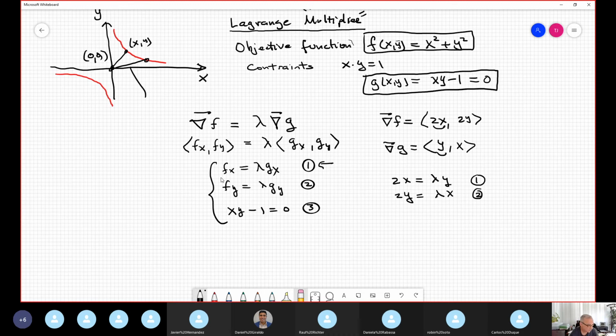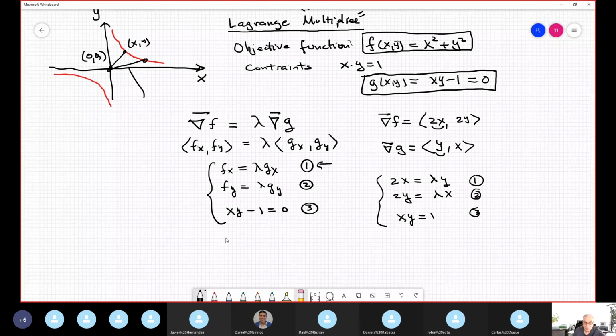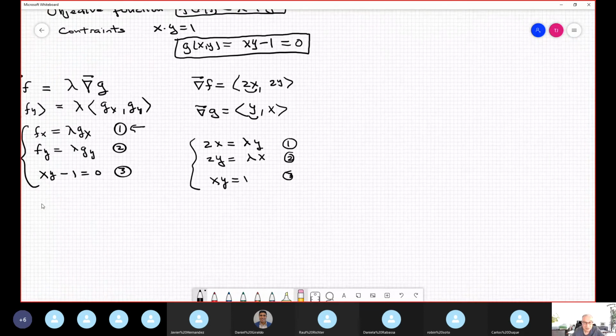And the third equation is xy equal to 1. I put it equal to 0 or not, whatever, this is equivalent. This is my third equation. I need to solve it. I want to solve it algebraically by hand.